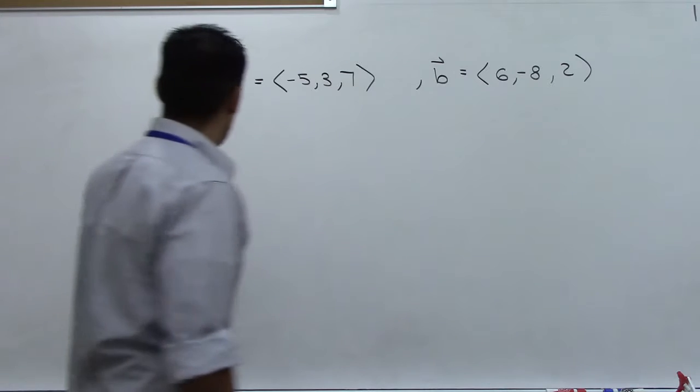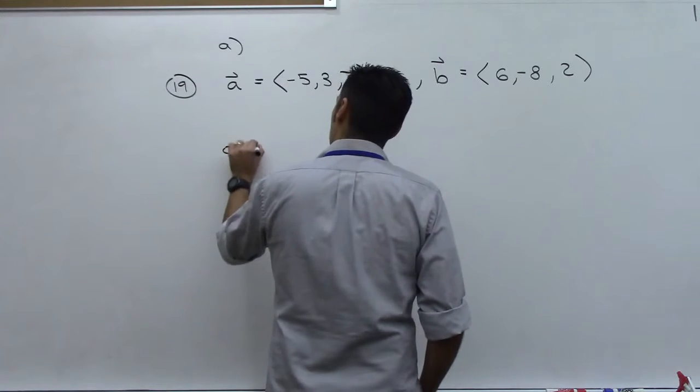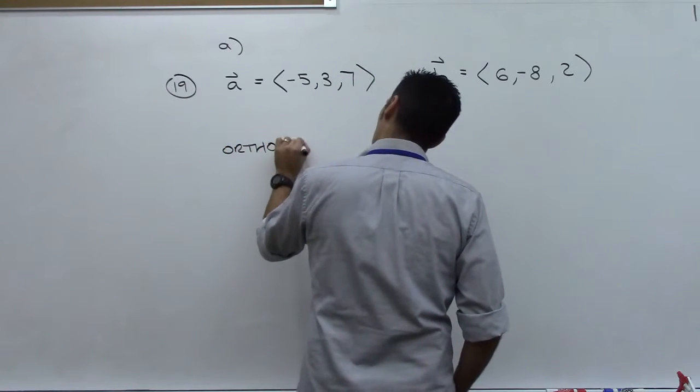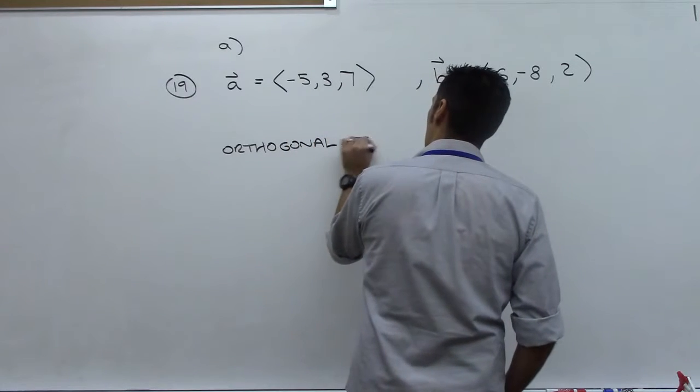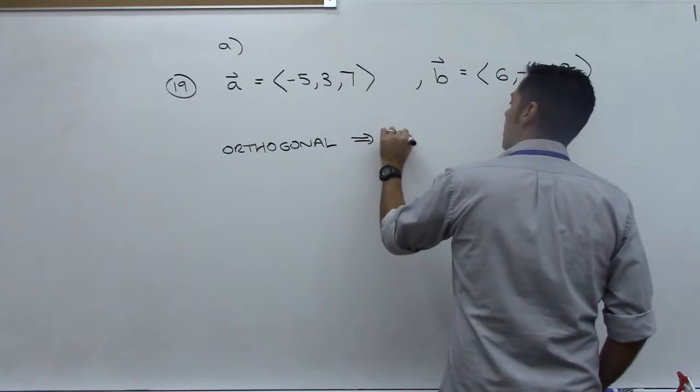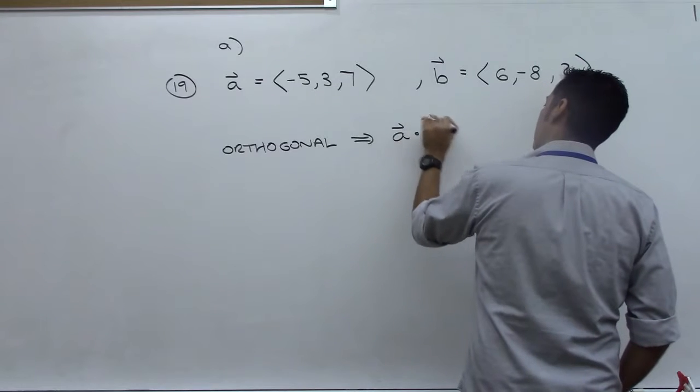So what does it mean to be orthogonal? Orthogonal means that A dot B would have to be 0.